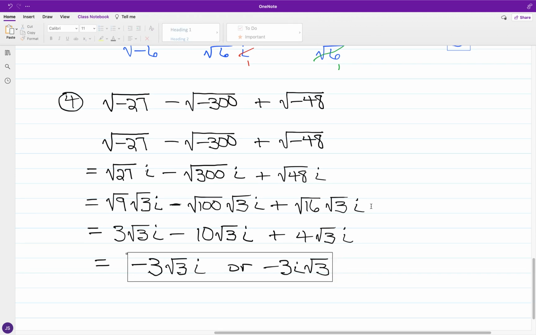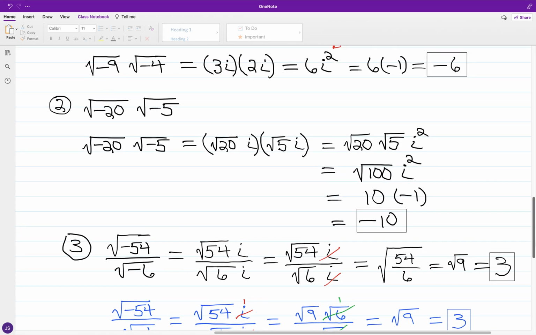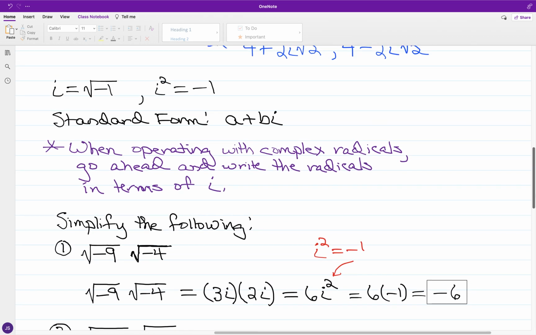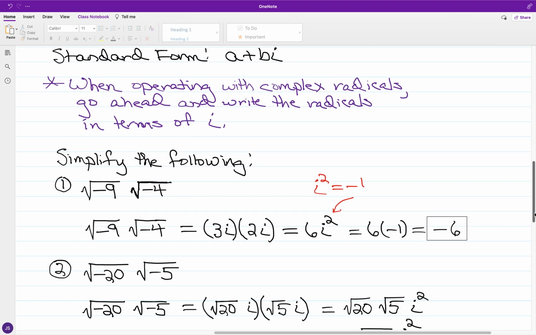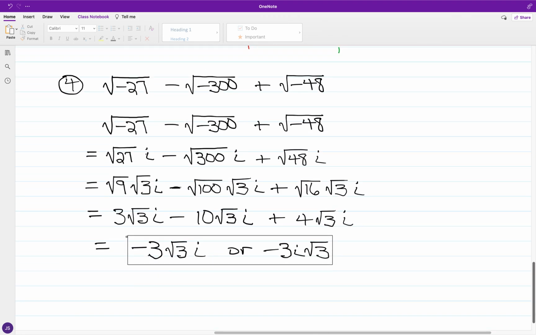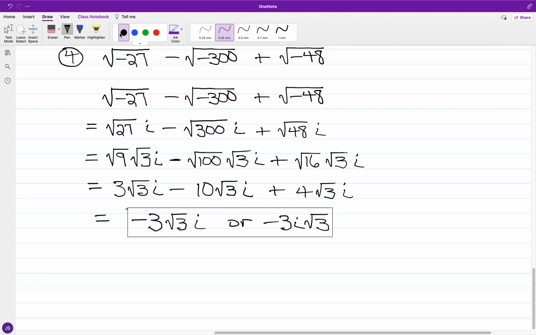Okay. And now, referencing the standard form of a complex number. Again, the standard form is a plus bi. And again, a and b could be positive, or you might have a combination where one is positive and the other is negative, or where both could end up being negative.